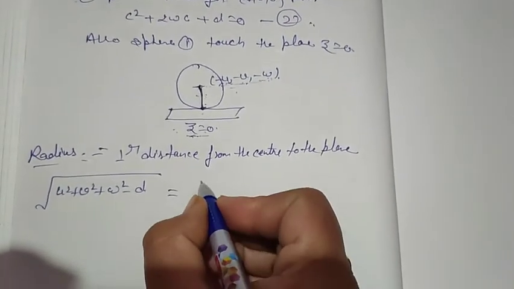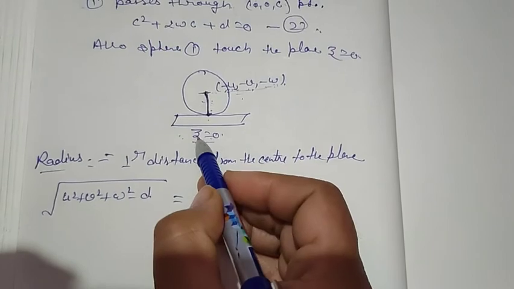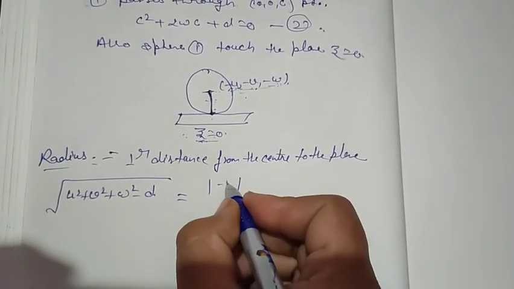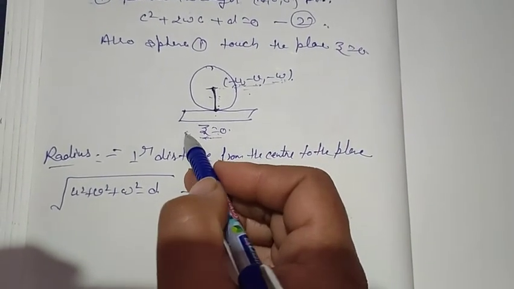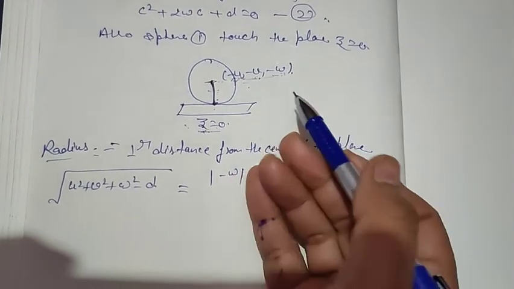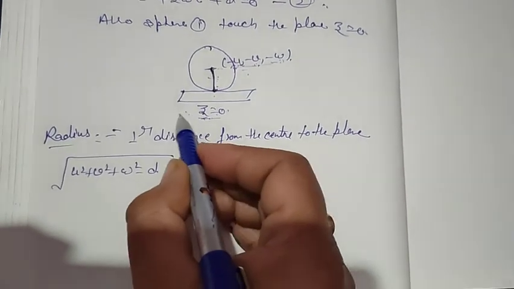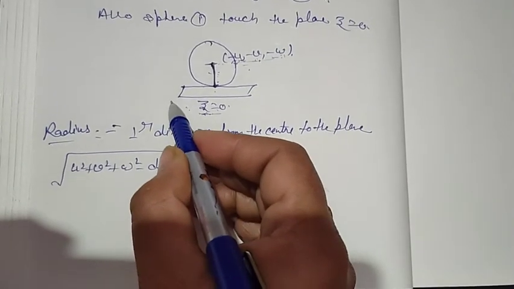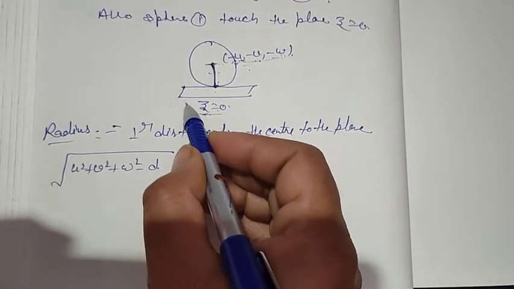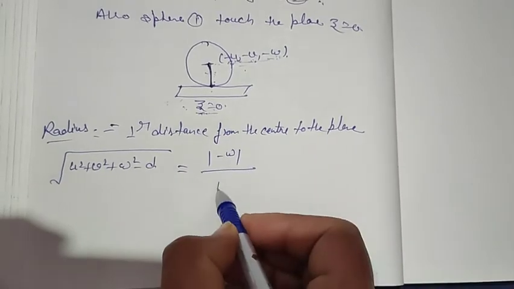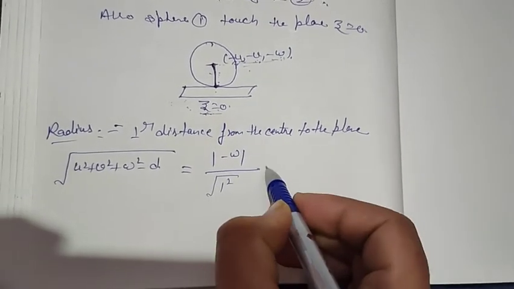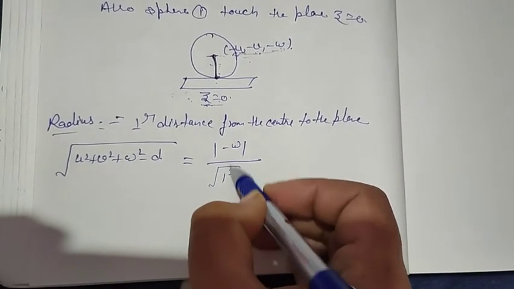Then the perpendicular distance is w divided by the square root of 1 square, so the perpendicular distance is w.